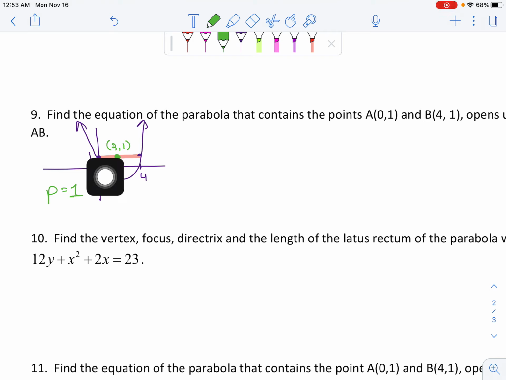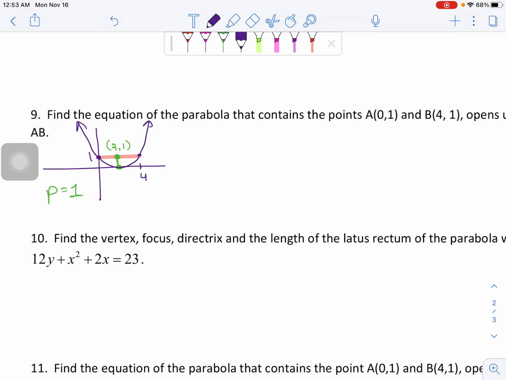So I want to be 1 unit below this focus, which means I drew my graph completely wrong, but that's okay. All right, so if I pop this down 1 unit, my vertex should be right there. So I'm actually going to delete that graph there and redraw it a little bit better, now that I know where my vertex is.